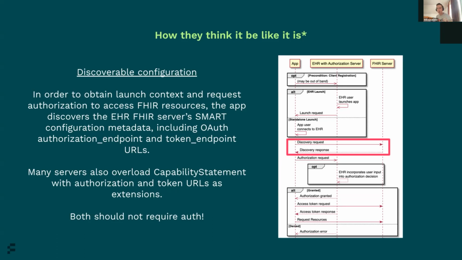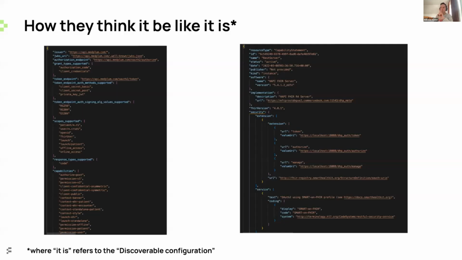There shouldn't be auth on them, because you're saying, hey, I'm a server, here are the capabilities, here's how you can go do your stuff. And how they think it should be is that you get these beautiful little JSONs that say, here are the types of grants we support, here are the URLs you can go to for authorization and tokens, here are the scopes we support.